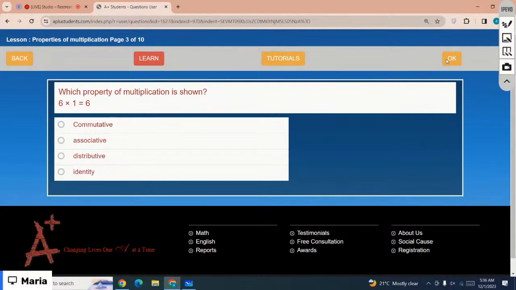That is the identity, right? One is involved. Whenever you multiply one with any number, the answer is exactly the same. So one is the identity. The correct option is identity, right?